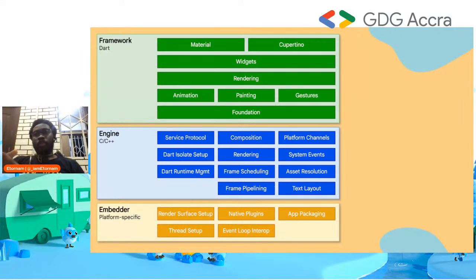For example, something like the camera, which is more of a hardware thing. Let's say there are no plugins in Flutter for the camera, although there are. But let's just assume there's none, and you want to use the camera.